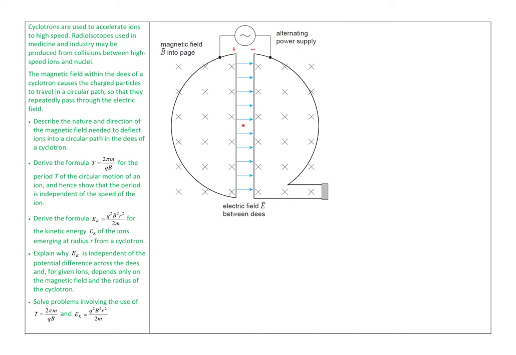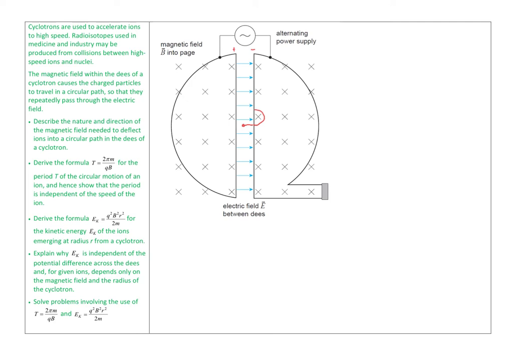So that will get accelerated towards the negative side and it will build up some speed. Then it will enter the magnetic field. Now the magnetic field will act perpendicular to the velocity, so it won't increase the velocity, but what it will do is cause the direction to change.